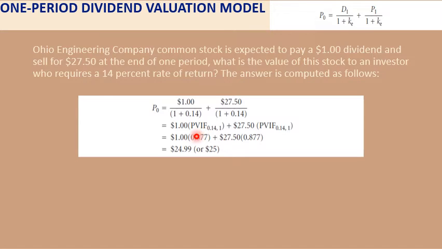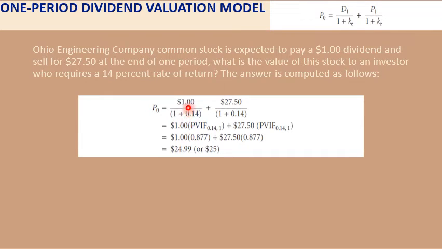Where did we get the present value factor? 0.14 is for 1 period. So we got it by 1 over 1 plus 0.14, which results in 0.877, the present value factor. Then we just multiply it by 1. Why is it multiplication when it is division here? Because 1.14 to the 1 is deemed as 1 over 1 plus 0.14.